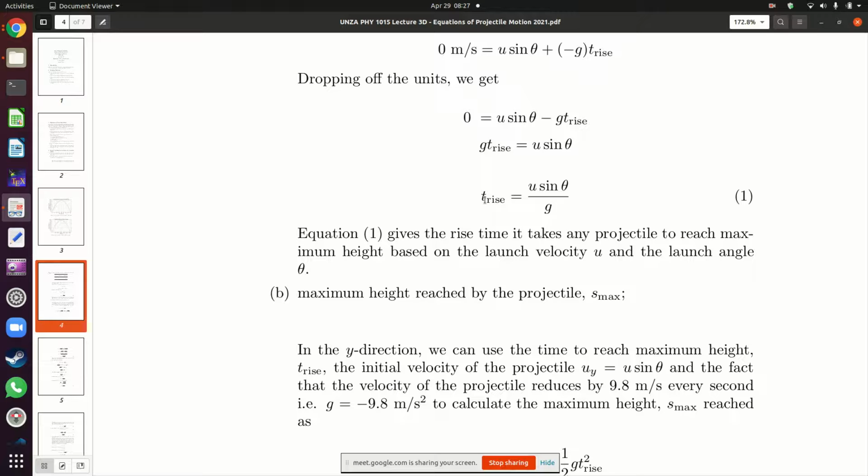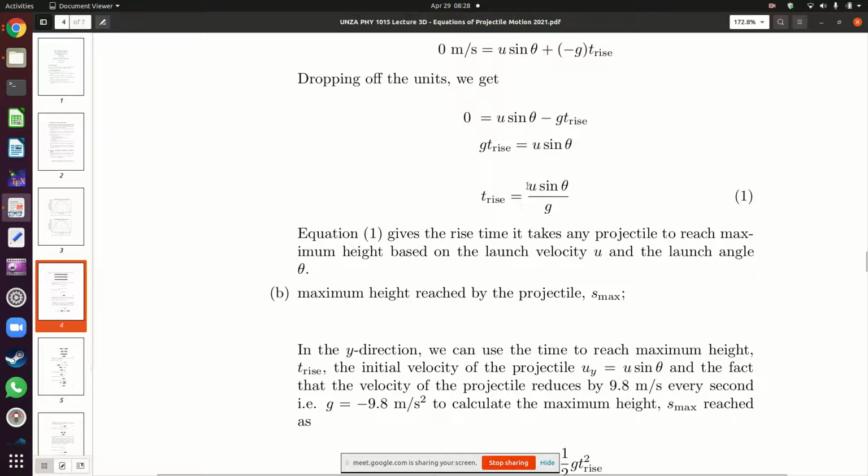T rise, the rise time, is equal to the velocity with which the projectile is launched multiplied by the sine of the angle, divided by the value of g. On earth, g is 9.8. Is this clear?